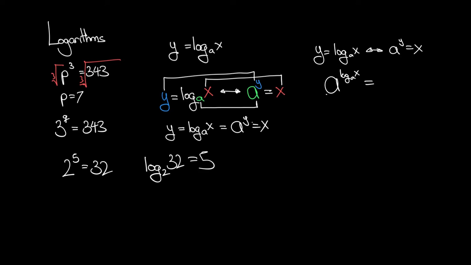So see what's going on here. I have the exponent, and I'm now taking the exponent of a log. I'm going to undo that, and I'm just returning with that value there. Same thing on the other side. If I have the log base a, and I take that as an exponent here, I'm going to be returned with just y. So for example here, if I have 7 to the log base 7 of 2, because this is an exponential function, and I'm doing that in conjunction with my log function here, that's going to be returned as 2.